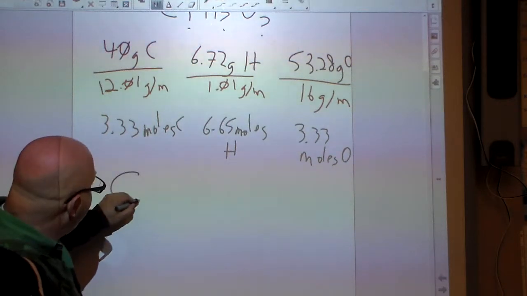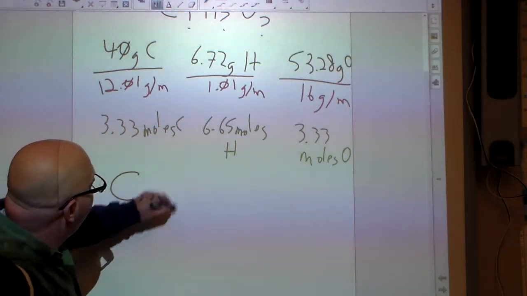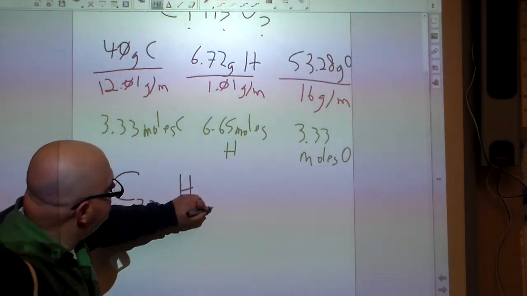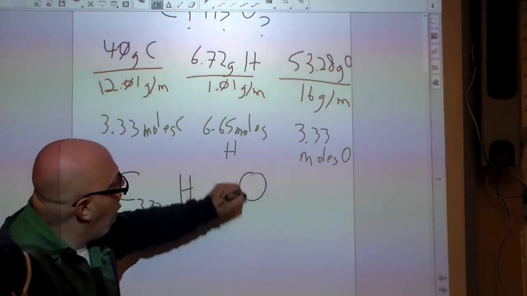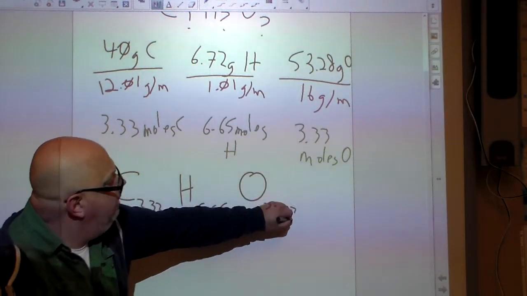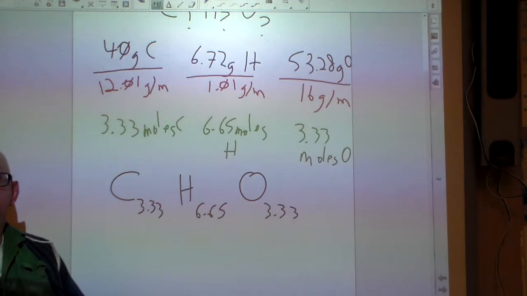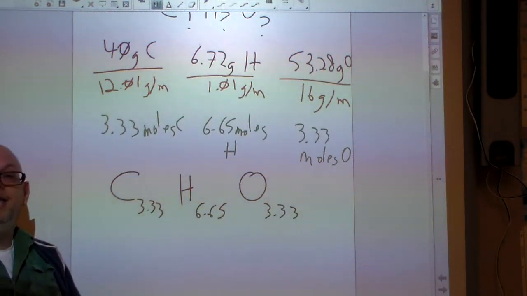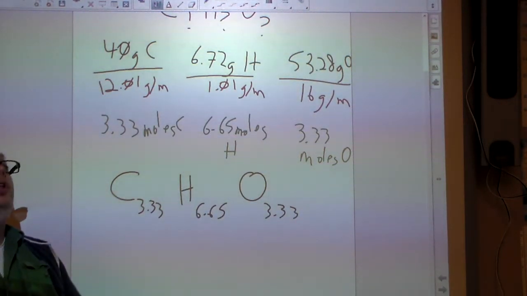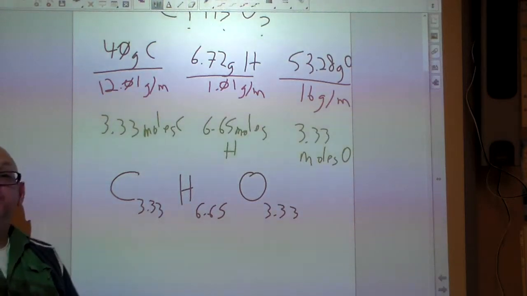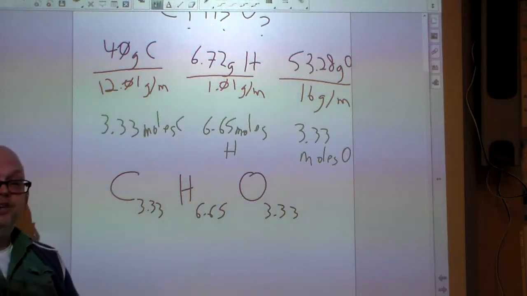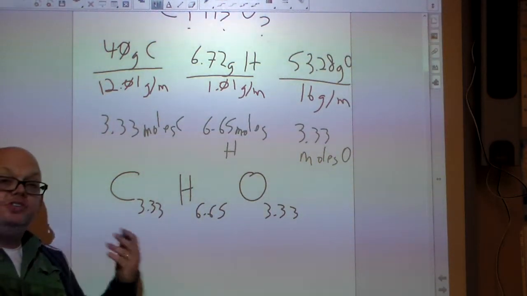So what does our empirical formula look like at this point? Well, it'll be C3.33 H6.65 O3.33. That's what the formula is going to look like. And guess what? We need whole numbers, so we're going to have to reduce this just like fractions. Let's divide by the smallest number.